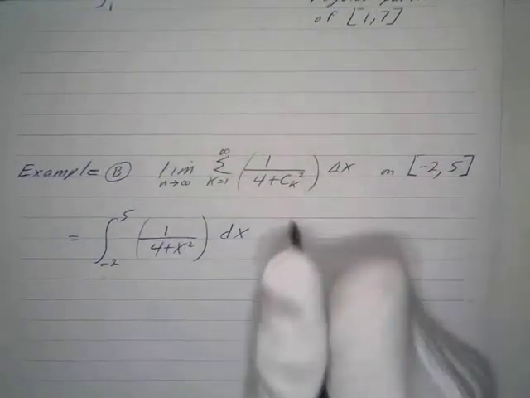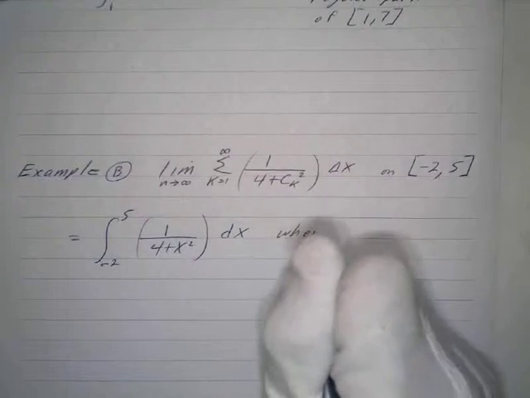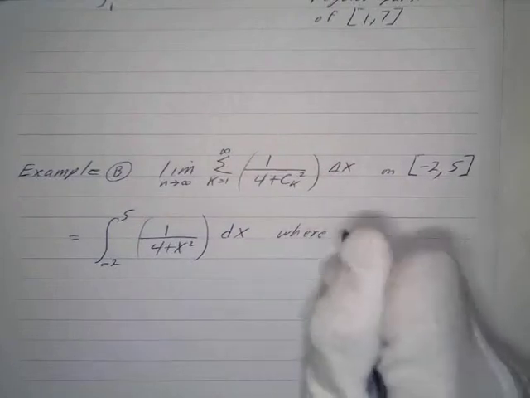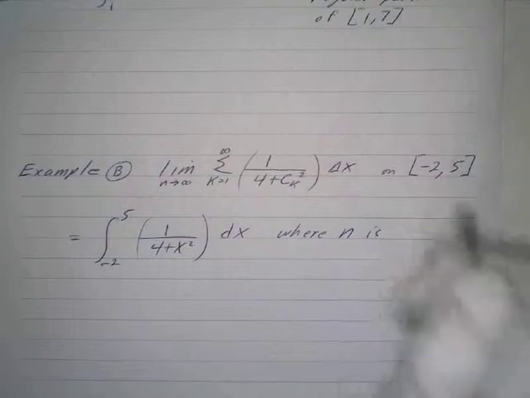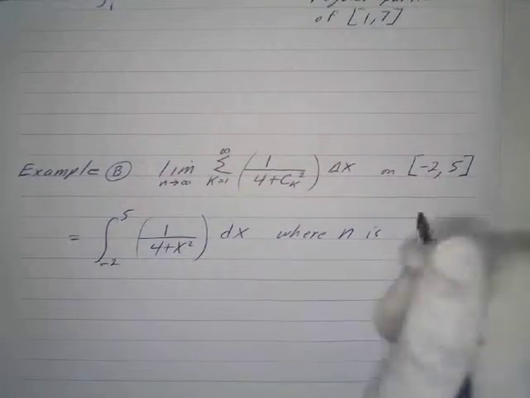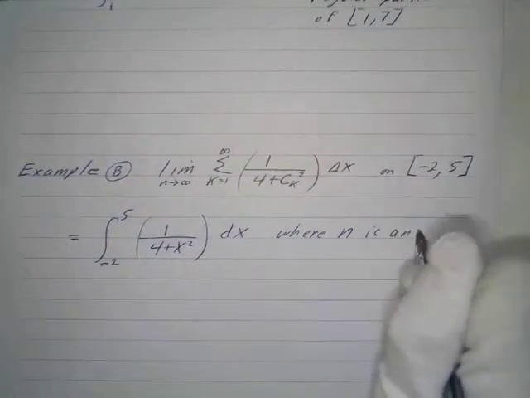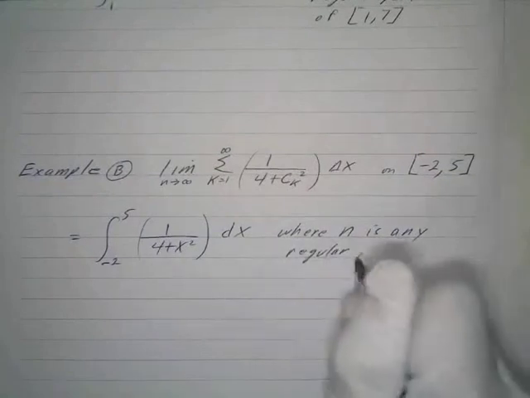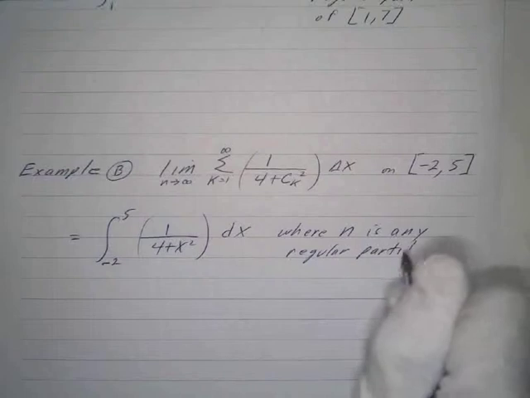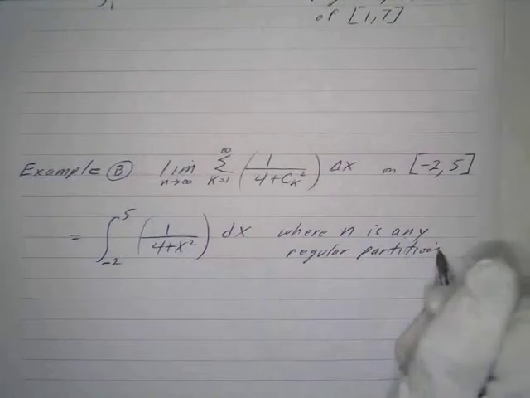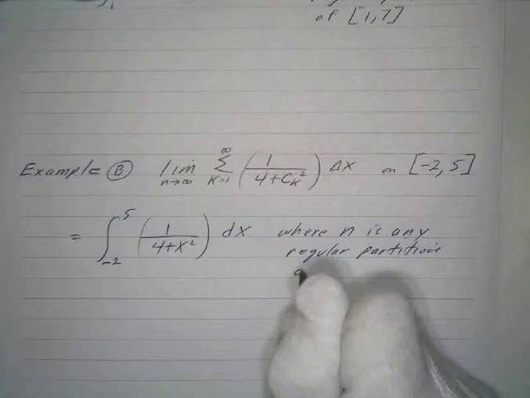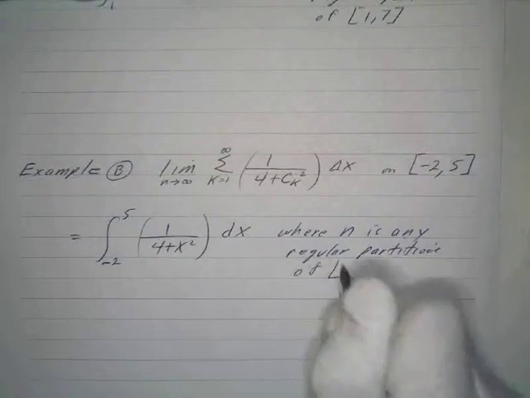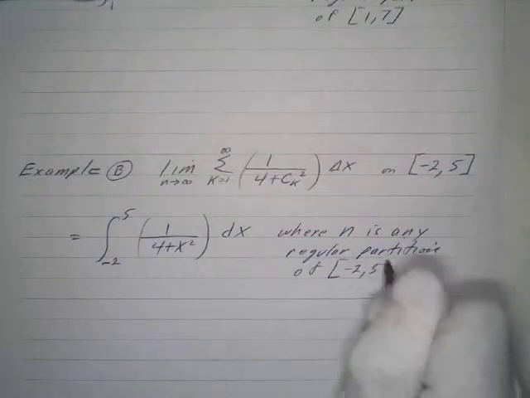And this will be any regular partition of negative 2, 5.